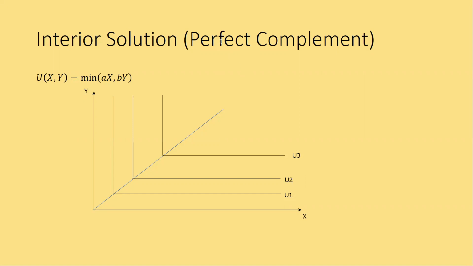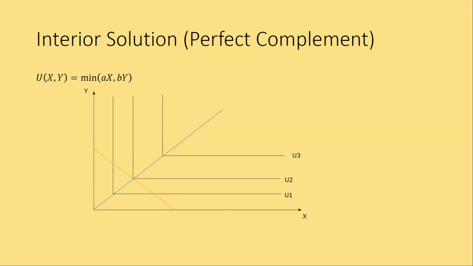Now let's suppose the budget constraint, which is always going to be a straight line, looks something like this. Let me also mark a few points that we are going to focus on.